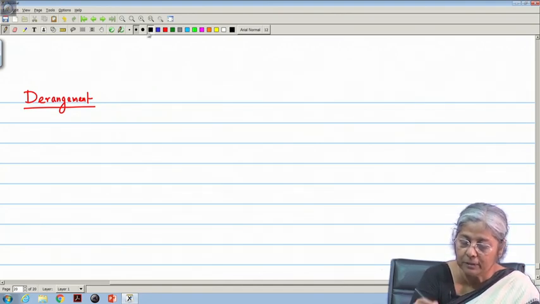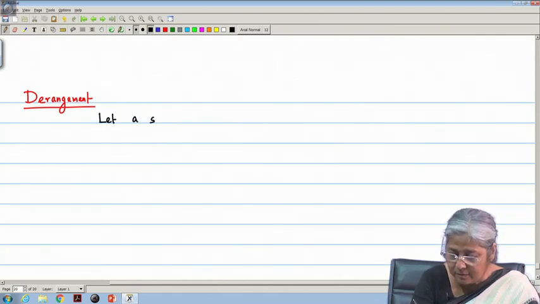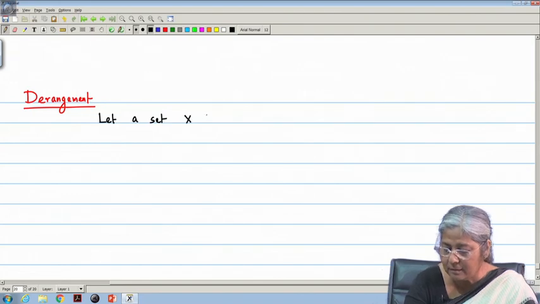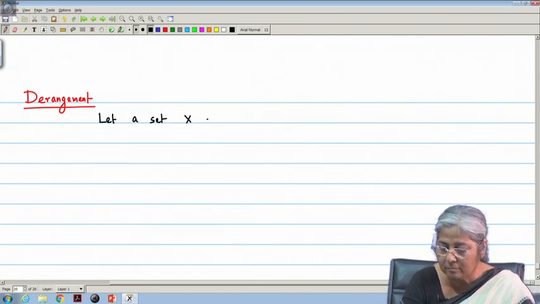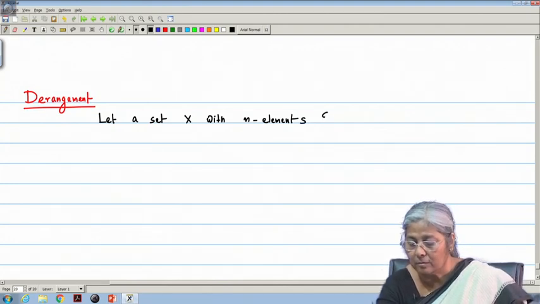So I define a set X with n elements as 1 to n.